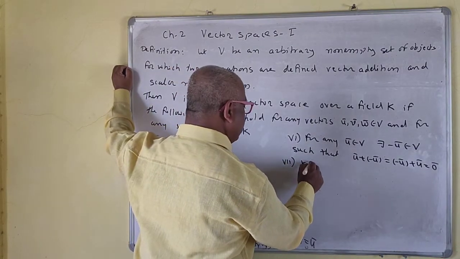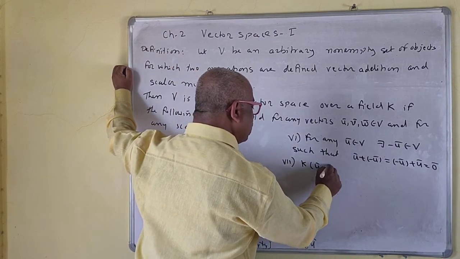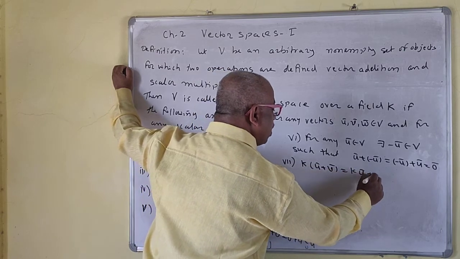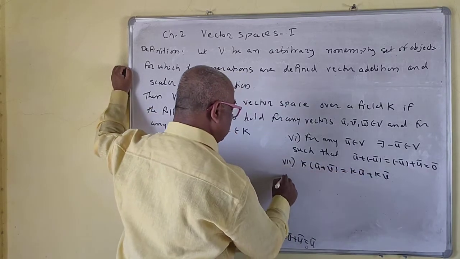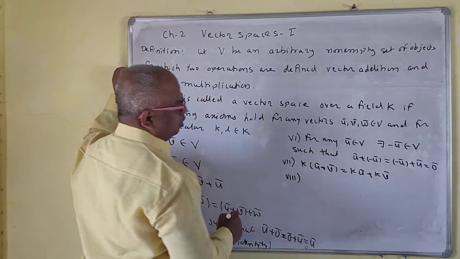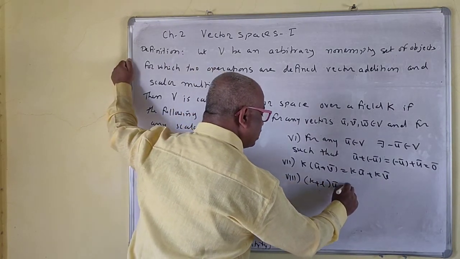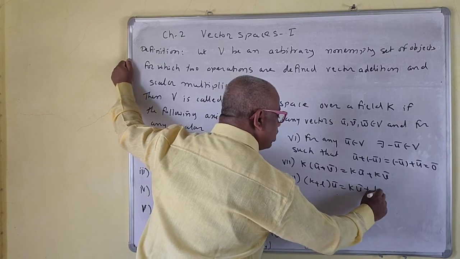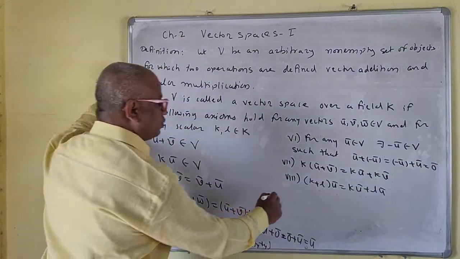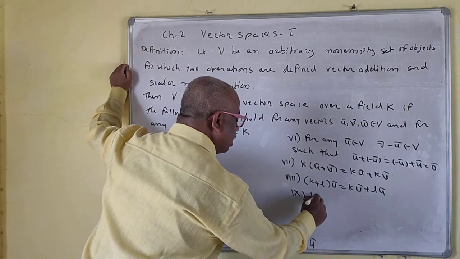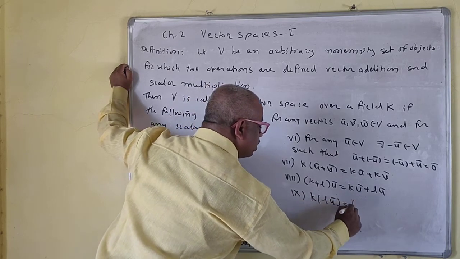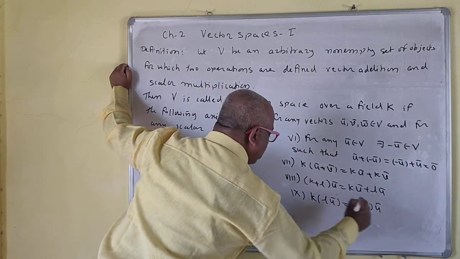K into (u bar plus v bar) is the same as K u bar plus K v bar. Next, (K plus L) u bar is the same as K u bar plus L u bar. And K into (L u bar) is the same as (K L) u bar.